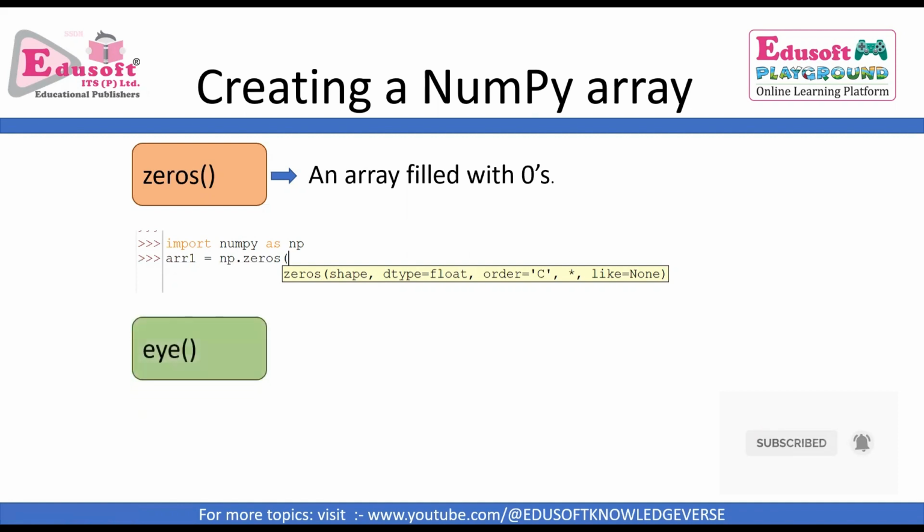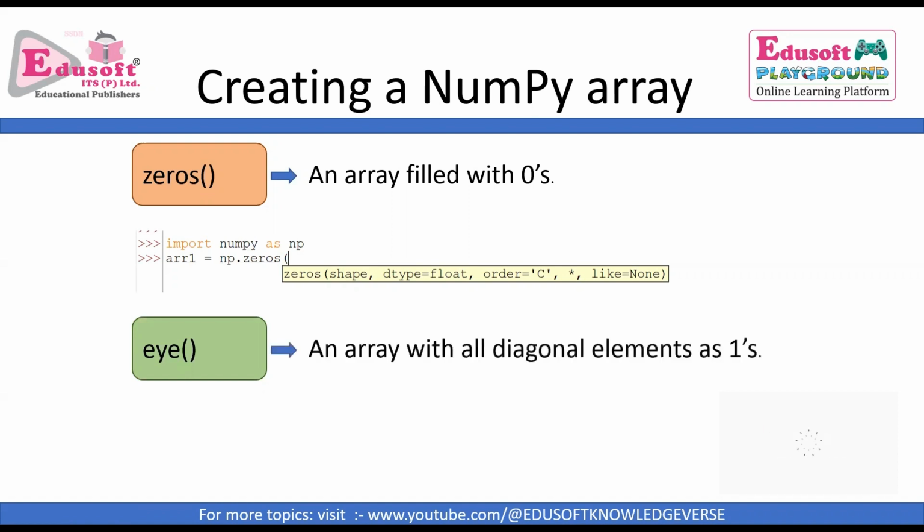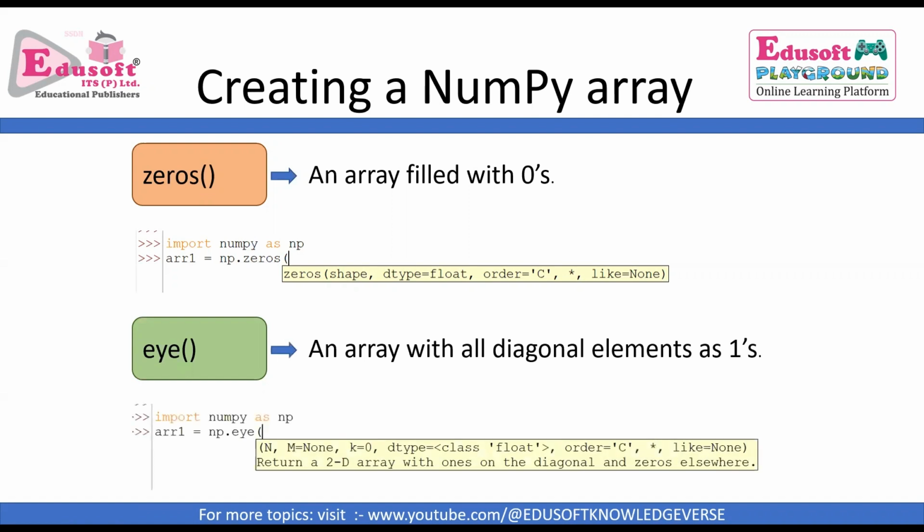Coming to the next one, the eye function. What if I want to create an array having diagonal elements as 1 and non-diagonal elements as 0? So what function do we have to use? We have to use the eye function. It will create an array with all diagonal elements as 1s. Let's see the syntax.